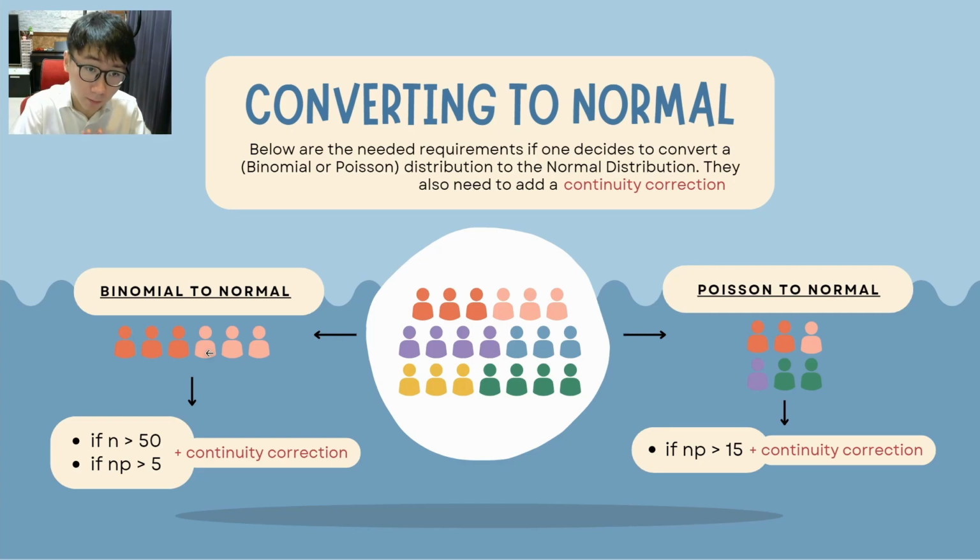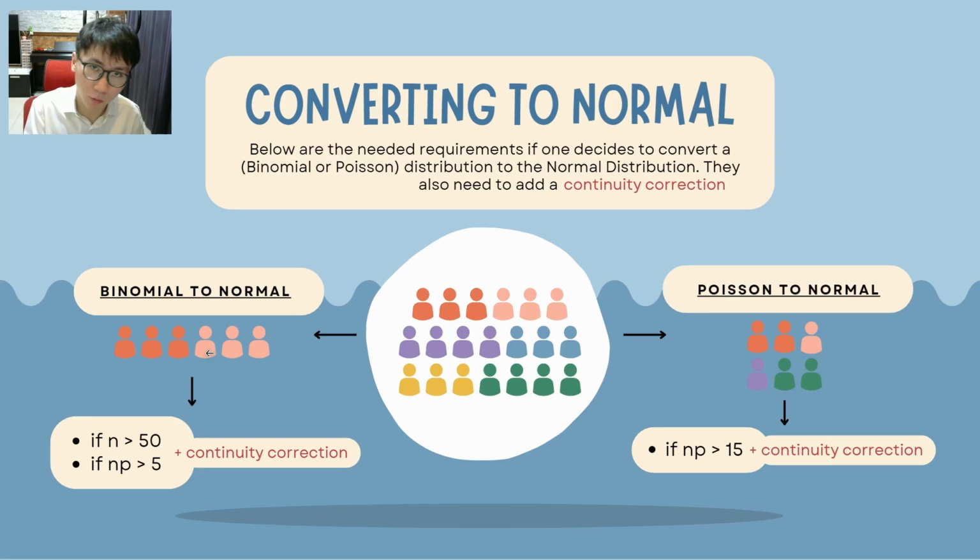So for binomial to normal, if the number of trials is more than 50, it's suitable. And one more, if the number of trials times the probability of success is more than 5, aka the mean, it's also suitable.